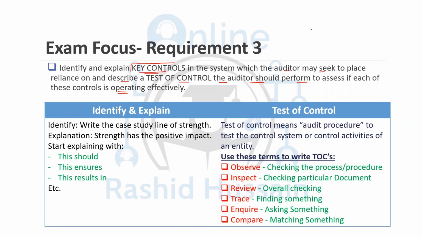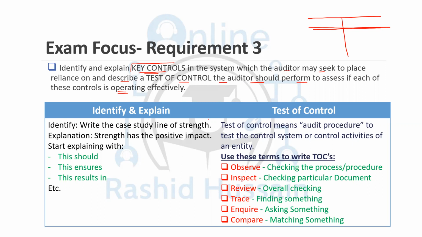Now, here you're going to make 2 columns. In fact, there's no need to make any column because you're appearing in the computer-based exam. In the word pad, the right-hand side of your question will automatically have these 2 columns where you are going to write your answer.